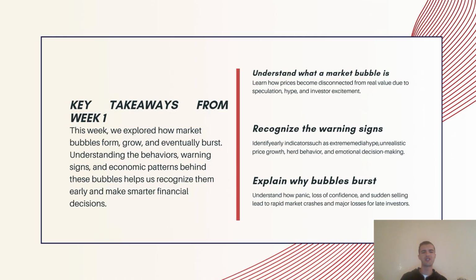They usually end in a sharp way, driven by panic and loss of confidence. To protect ourselves as investors, we can focus on fundamentals, be cautious when everyone seems overly optimistic, avoid taking on too much debt just in case of price drops, and always remember that if something looks too good to be true, it probably is. Understanding how bubbles work helps us avoid them.